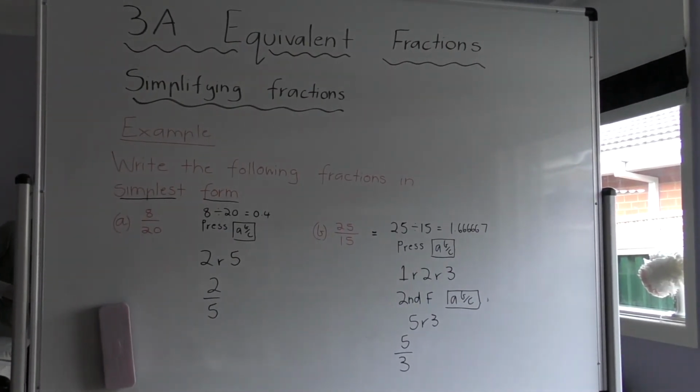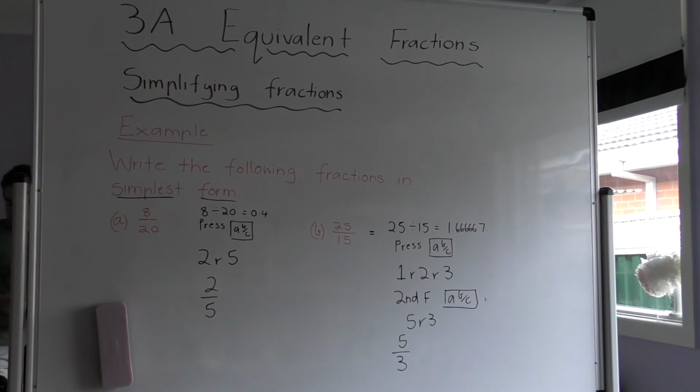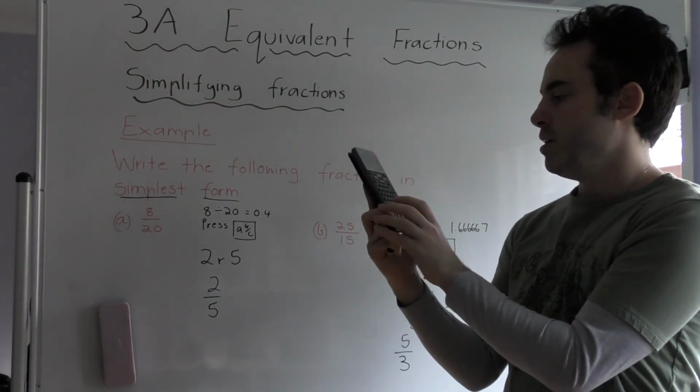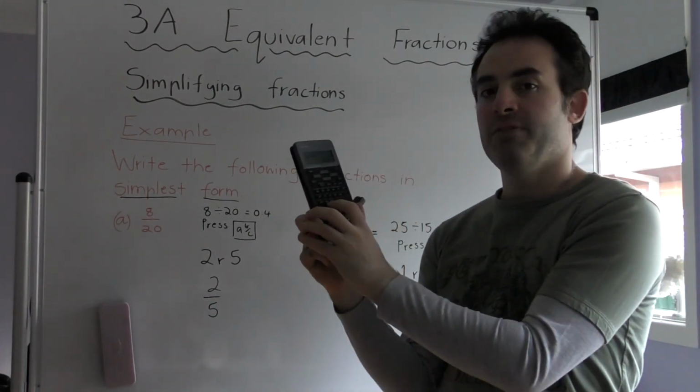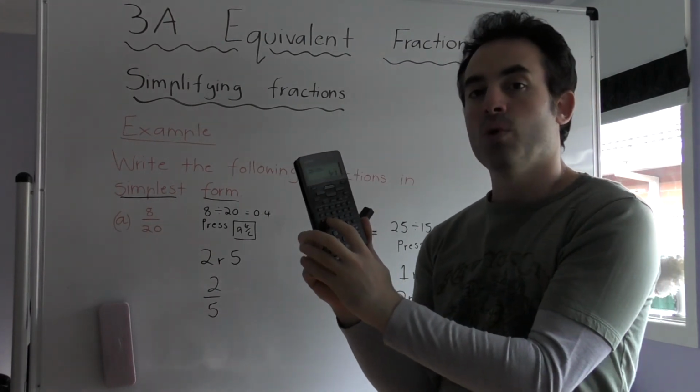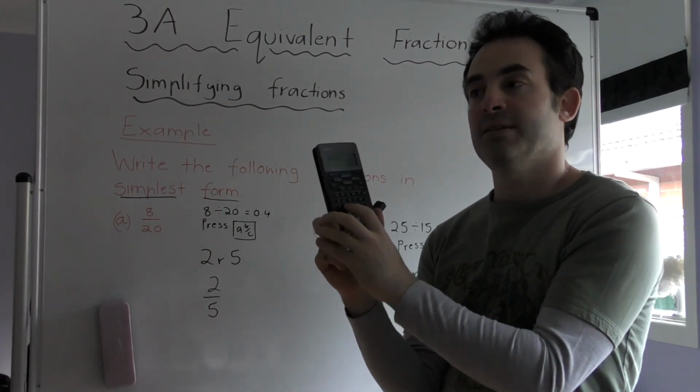Perfect. Alright, so the button that we use is this ABC button here. The ABC will give it to you as a mixed number if it is an improper fraction.